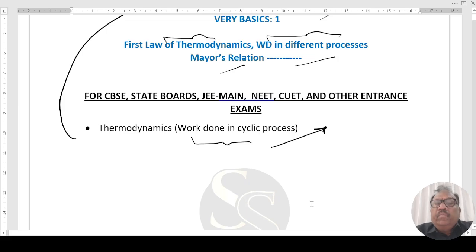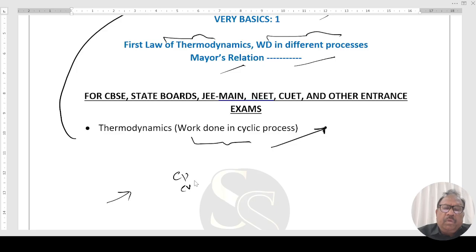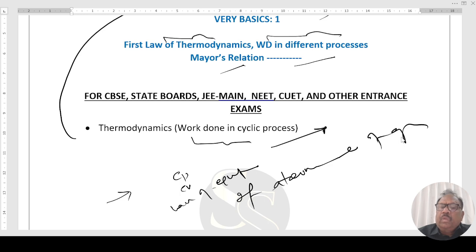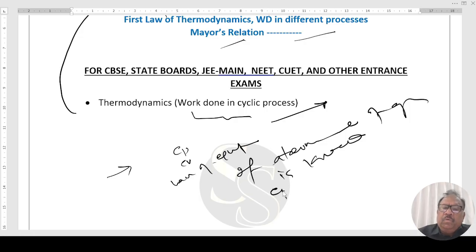In today's session, we are going to discuss what is Cp, what is Cv, what is the law of equipartition of energy. If the atomicity of a gas is known, Cp is known, Cv is known, gamma is known.